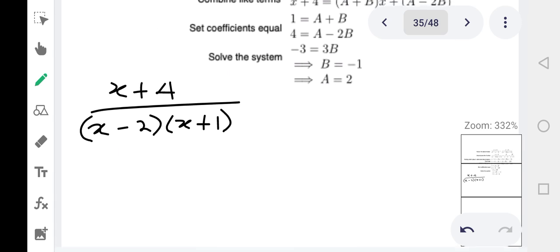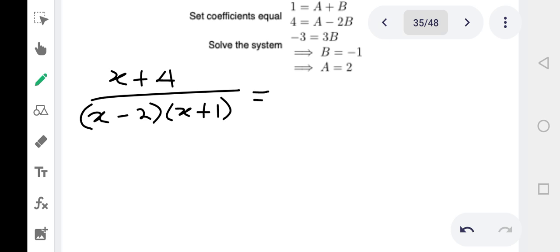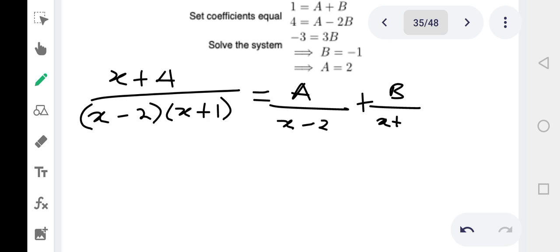According to the formula, we say a over the first factor x minus 2, plus b over the second factor x plus 1. So what do we do next? We need to multiply everything by these two factors.